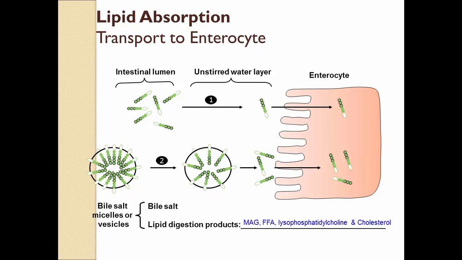So with the help of bile acid, the hydrophobic portion of the lipids is buried inside these vesicles and the hydrophilic portion is exposed outside the vesicle. This makes the vesicles hydrophilic, so they can penetrate the water layer and enter the enterocytes, right? So this is very important. Bile acid plays a very important role in facilitating lipid absorption.